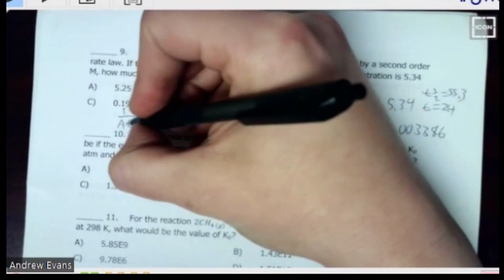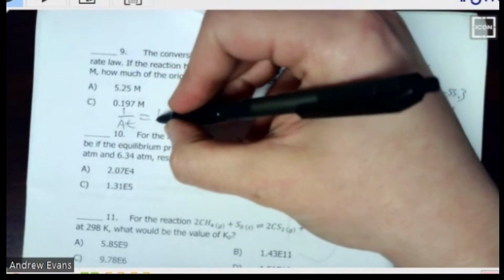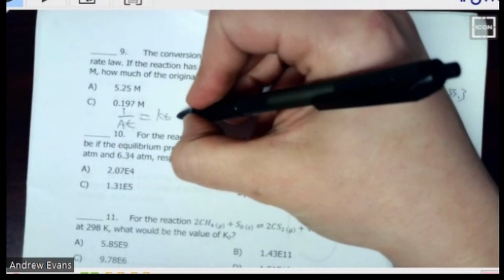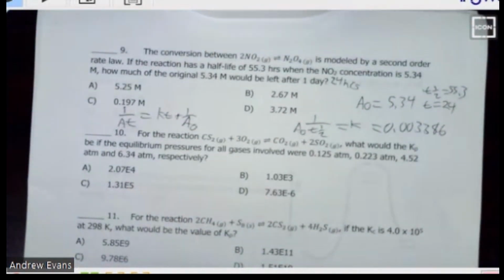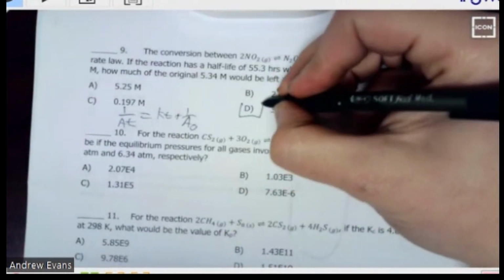You have 1 over A sub t equals kt plus 1 over A sub 0. So our k times 24 now plus 1 over 5.34. And then we have to invert that. You invert that, you get 3.72.